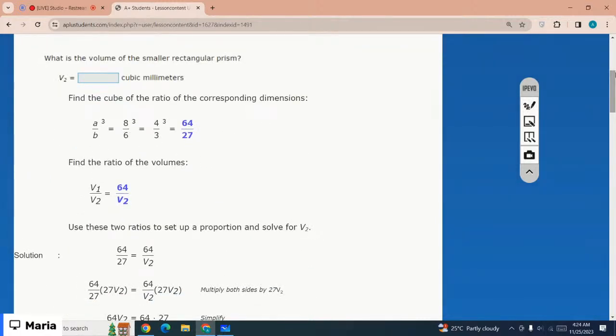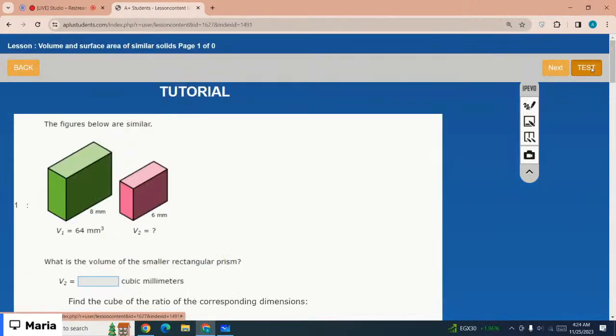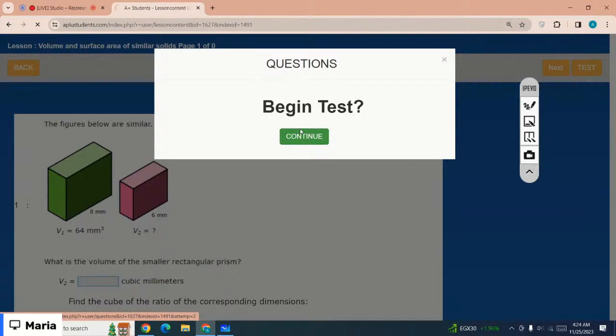We are working on the volume, so we have to calculate the cube for both values, right? That would be 64 and 27, right? Then you have to form the proportion between the similar sides and the volumes. Let's just do the practice question and then we have to do the calculations.